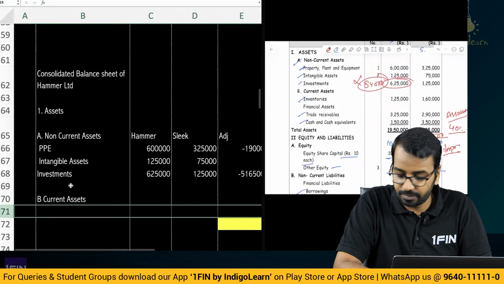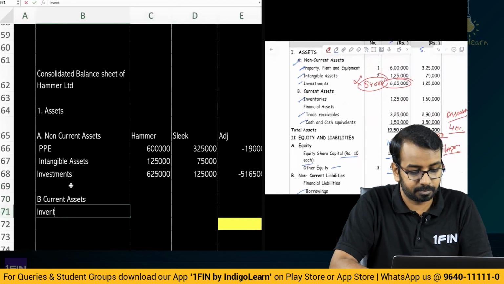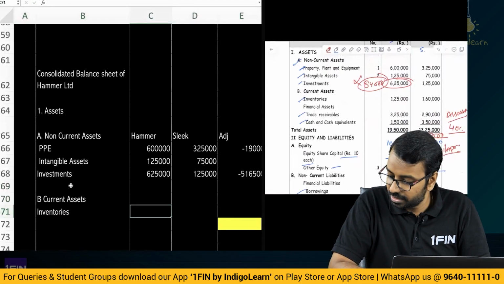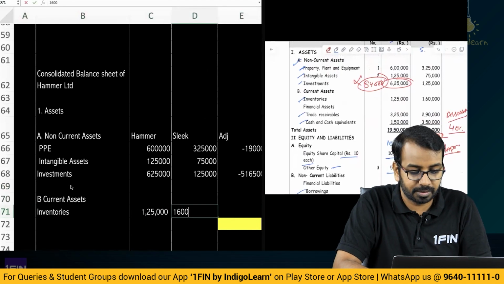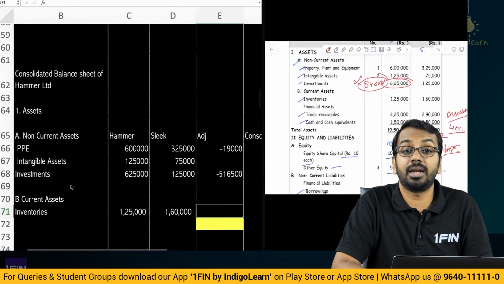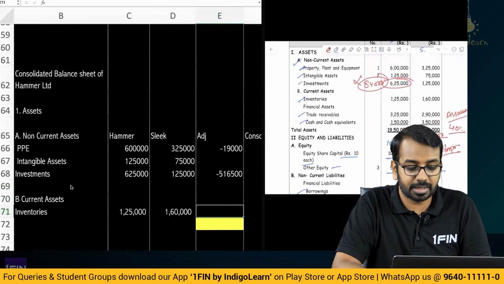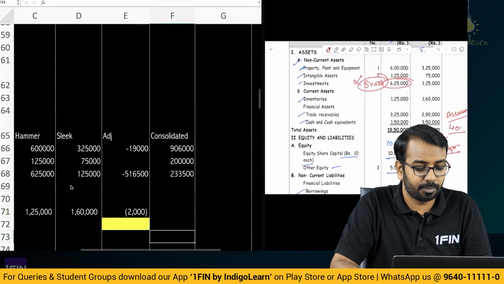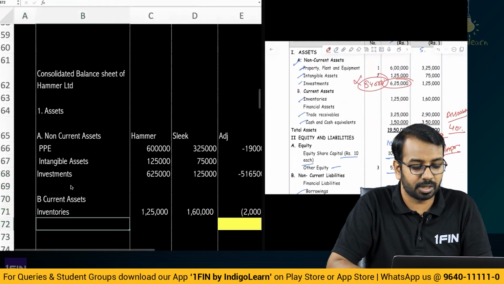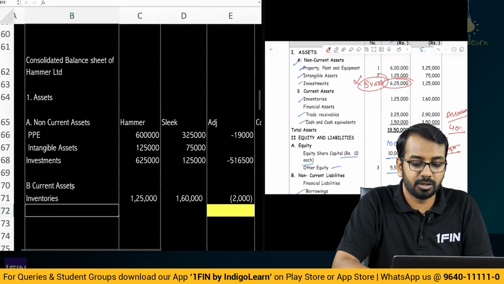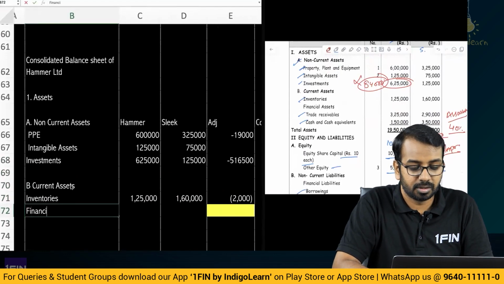Then after investments we have current assets. Under current assets we have inventories. Inventories is given to be 125 and 160, and there is an adjustment for unrealized profit. We had calculated 2,000, so the number is 2,83,000. After inventories we have financial assets, trade receivables.